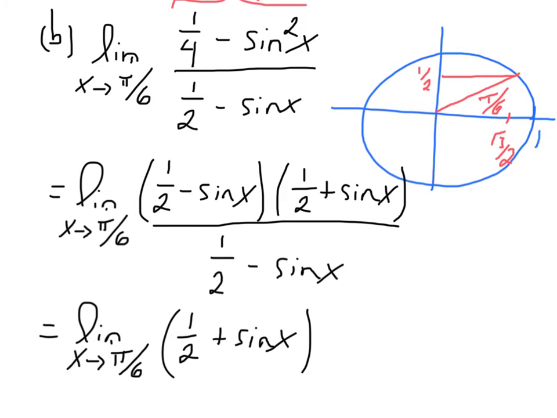This is now good because we can evaluate what we see here at pi by 6, and this is equal to 1/2 plus the sine of pi by 6, which, as we said above, is just 1/2, and so our overall answer is 1. Okay, so that completes that example.